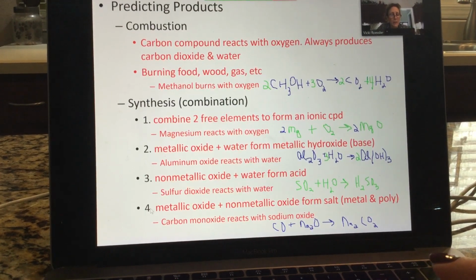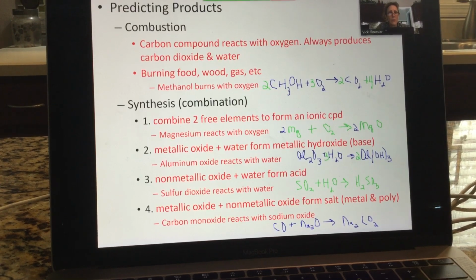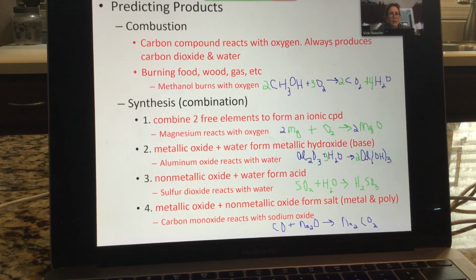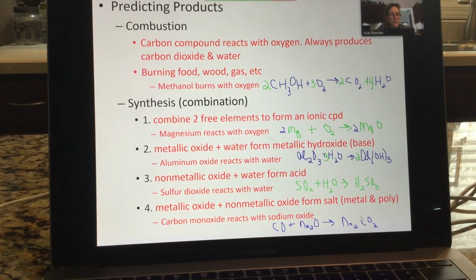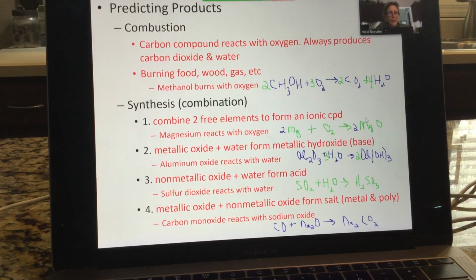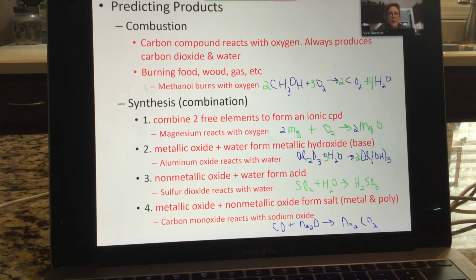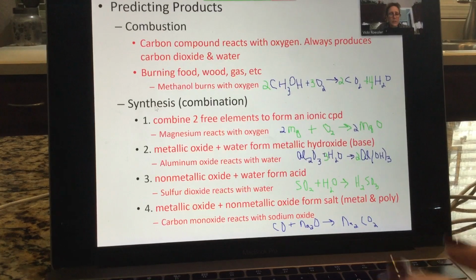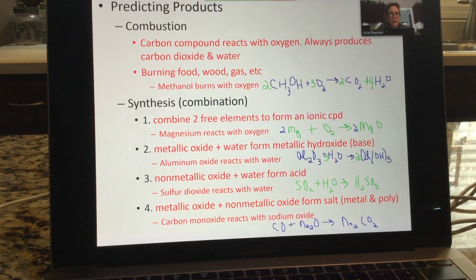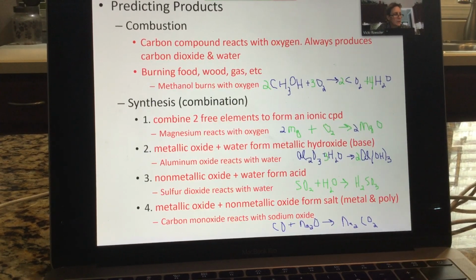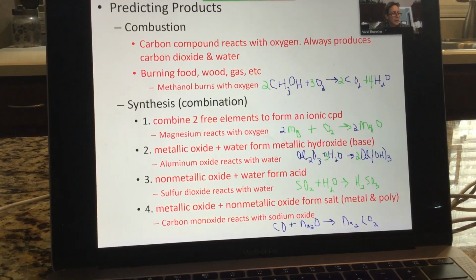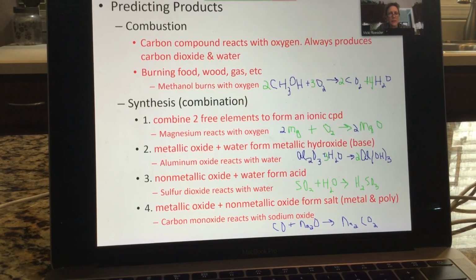I'm not really going to look at that, because I will know that you determined what type of compound it was based on your products. So I'll just be looking for, did you come up with the correct products? And did you get the reaction written out and balanced correctly? But if it helps you to label them as combustion, synthesis 1, 2, 3, whatever, please do that if you find that helpful. And that will be due next class period. So be ready to turn that in when we meet next time.